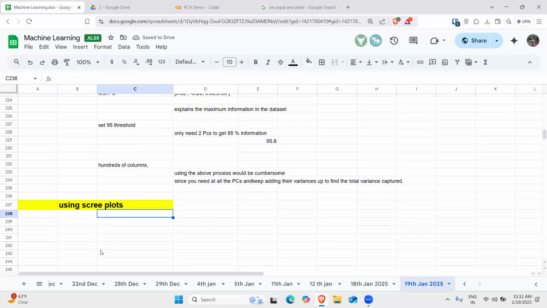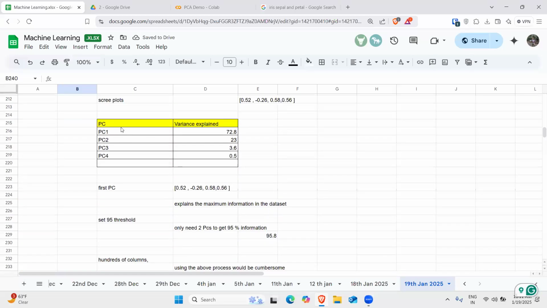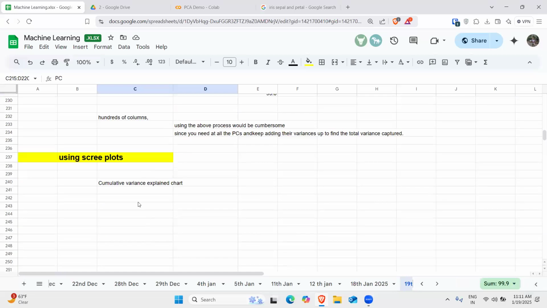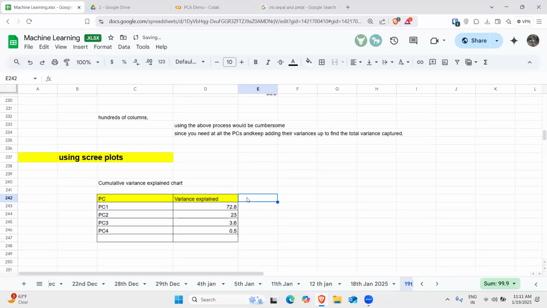So an elegant solution here would be to simply add a plot of the cumulative variance explained chart. We already have this table, so we'll paste it over here and add a cumulative sum.